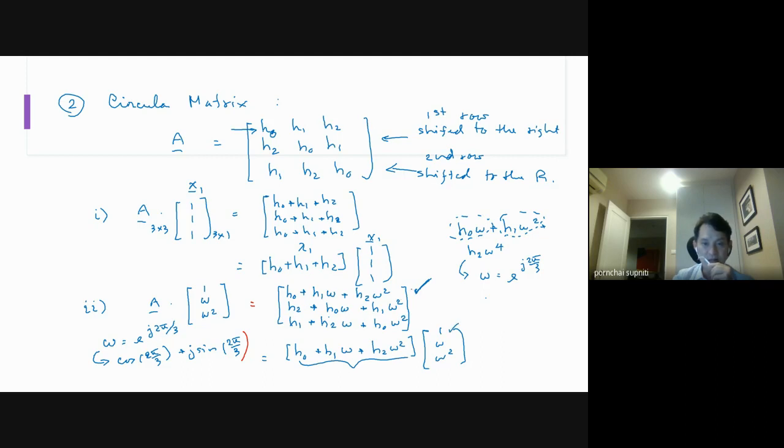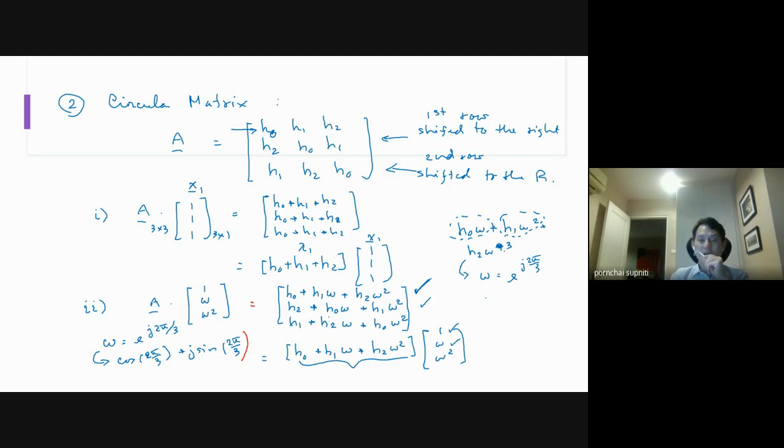So I get this, and this is correct. The second line comes from this row multiplied with omega. So for H2, I get omega cubed.